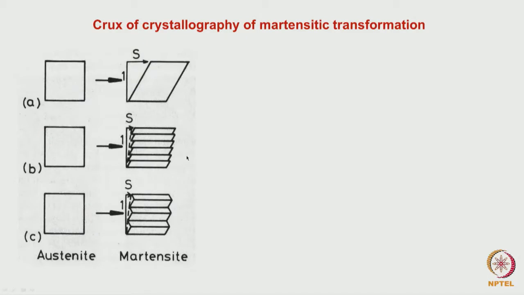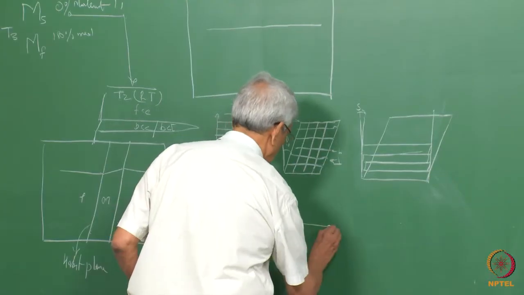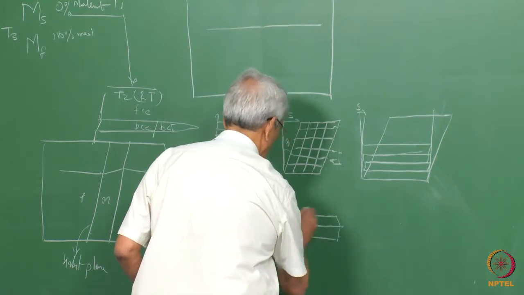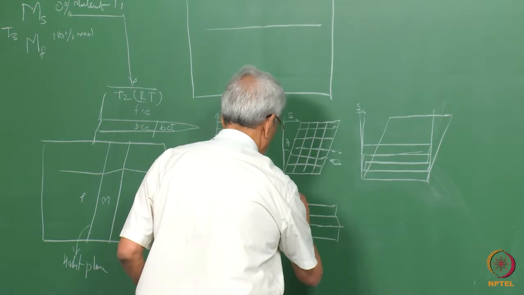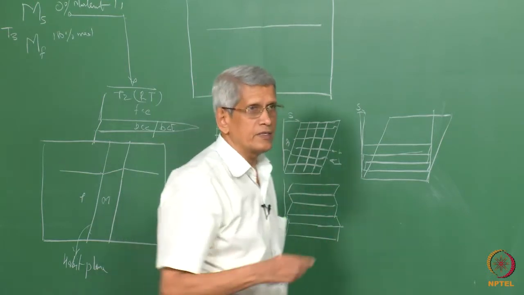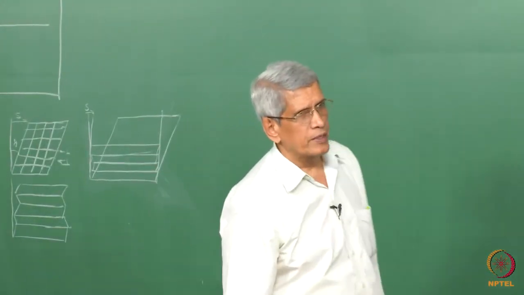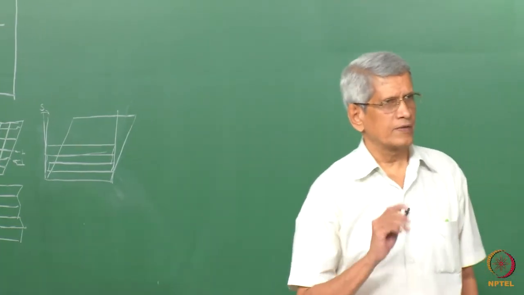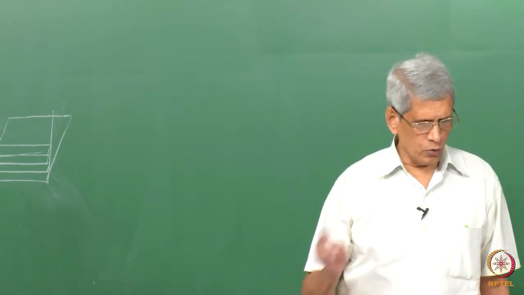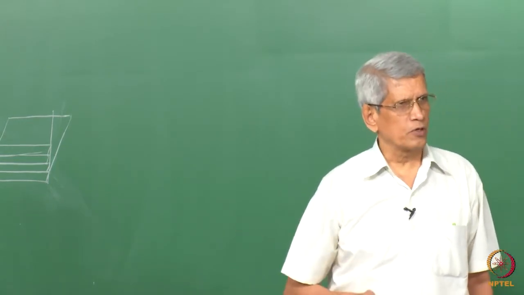This could be a slip, otherwise it could be a twin as well. When we transform by twinning, it has the same crystal structure but in a different orientation. So these are the two ways in which this transformation could occur.